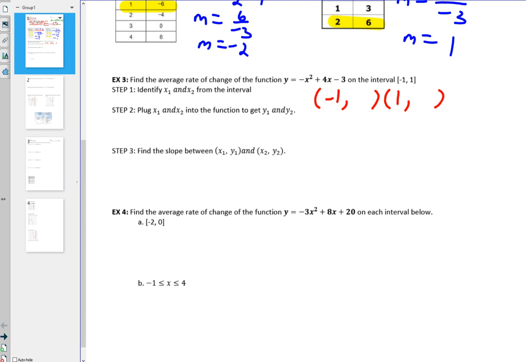because these are in standard form, if you remember, I showed you when we did standard form that you can do synthetic substitution. You may or may not like it. You may or may not understand it. It's up to you. I like it because I can do things much more quickly. So if I plug in the -1, A is -1, then B is 4, C is -3, and I'll do the same thing here for 1.